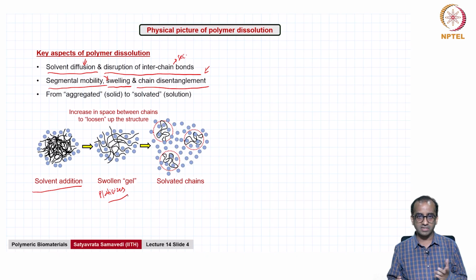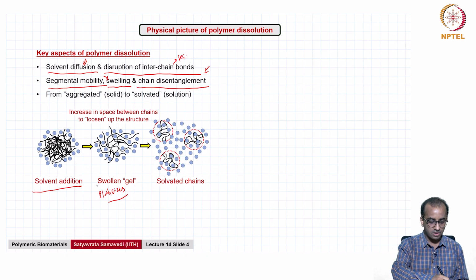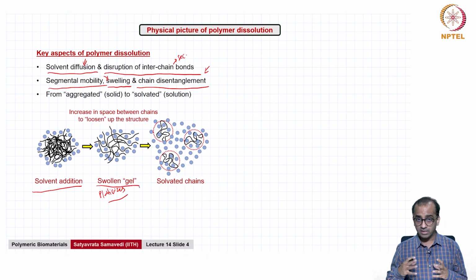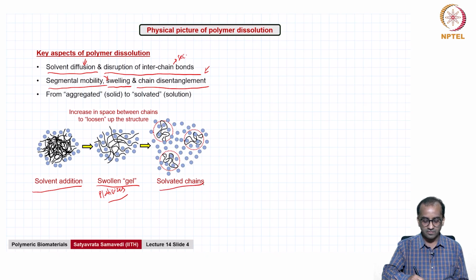We are talking about a glassy polymer, it's going to plasticize it. And it forms what we call a swollen gel. The entire polymer system increases in volume because of swelling, and it forms a gel-like structure. And eventually you will end up with these chains that are completely solvated.